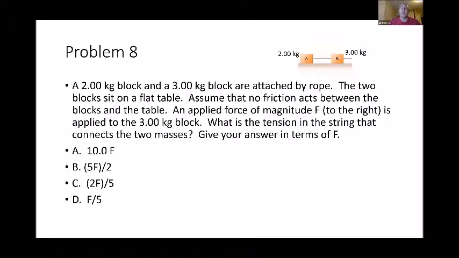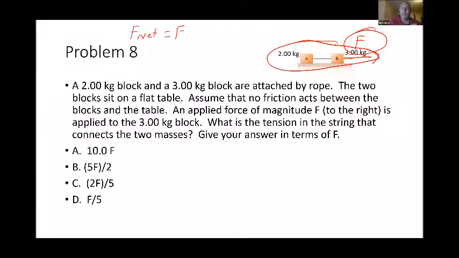All right, so here's what we know. We're pulling on this rope over here, pulling it this way with a force of F. There's no friction. That means that this F is the net force acting on this whole system. So the net force is equal to F, and we know that net force equals ma.